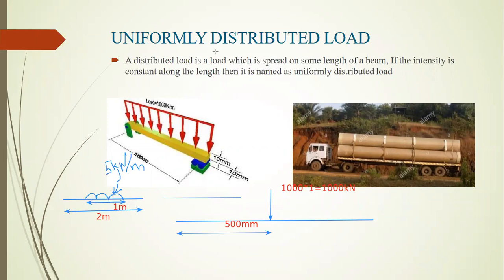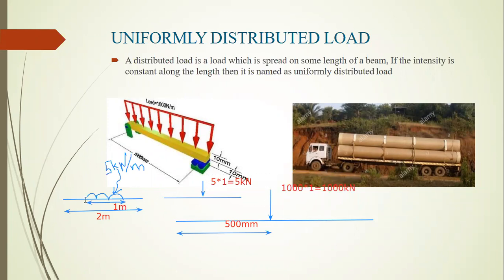So the intensity of the point load will be equal to 5 kilonewton. 5 into 1 meter, so 5 kilonewton is the intensity of the point load.